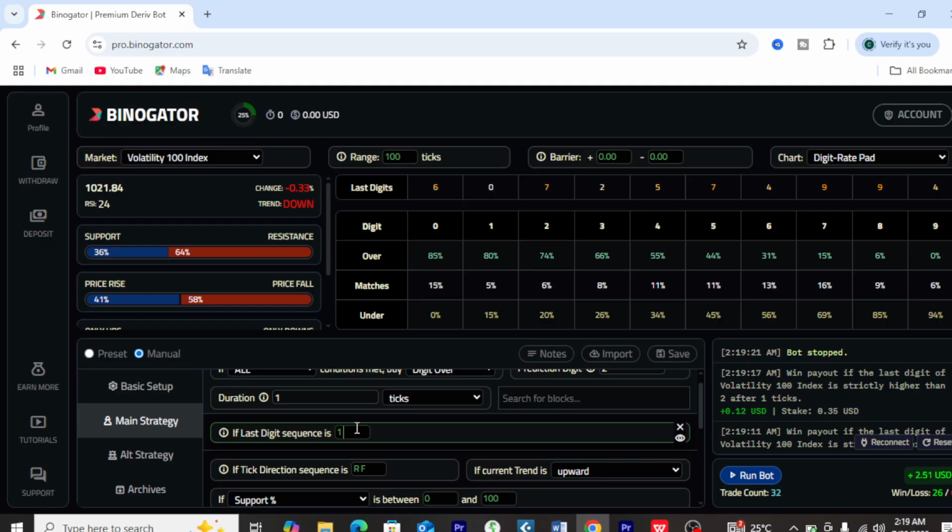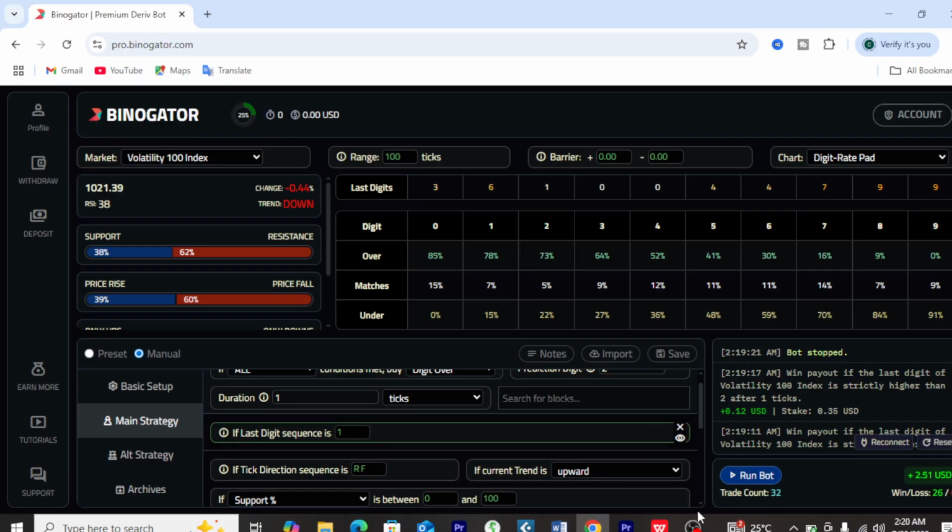So I'm telling the bot that if the last digit the bot gives is 1, that means I'm betting on the probability that I'm going to get a digit that is higher than 2 after the last digit of the bot is 1.